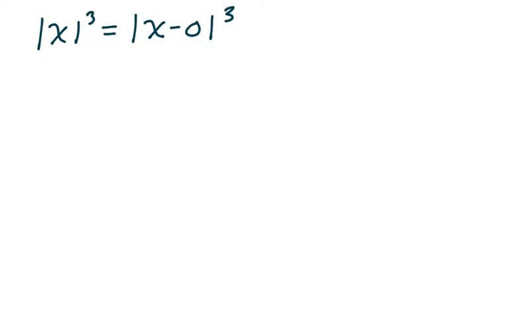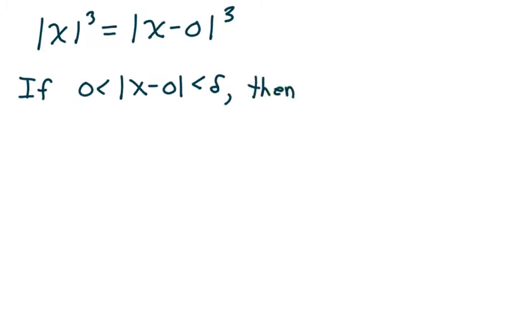Now, what this says is, if the absolute value of x minus 0 is less than delta and greater than 0, then the absolute value of x cubed minus 0 is less than epsilon.